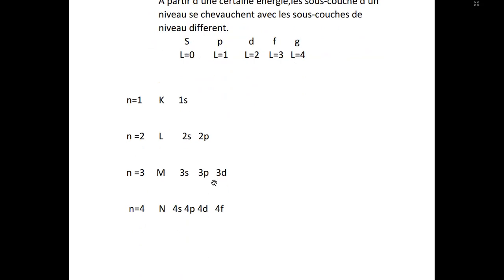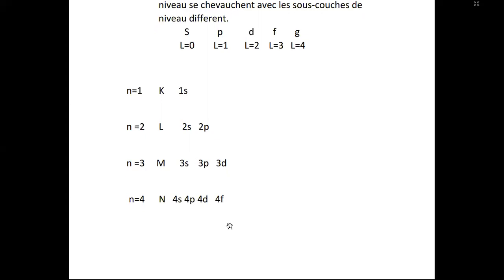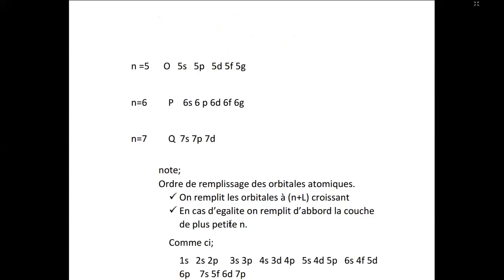Then the fourth shell will be 4s, 4p, 4d, 4f. To reach the fourth shell, you have to move from the first shell 1s, the second shell 2s, 2p, 3s, 3p, 3d, 4s, 4p, 4d, 4f. Then n5 must have 5s, 5p, 5d, 5f, 5g.